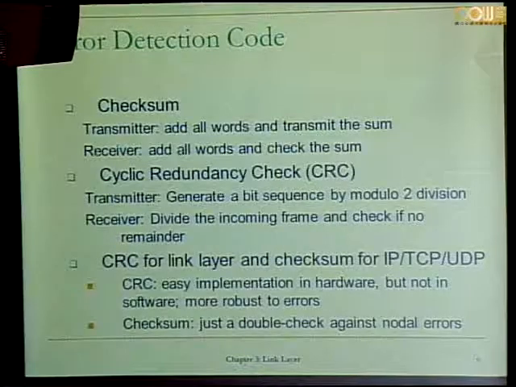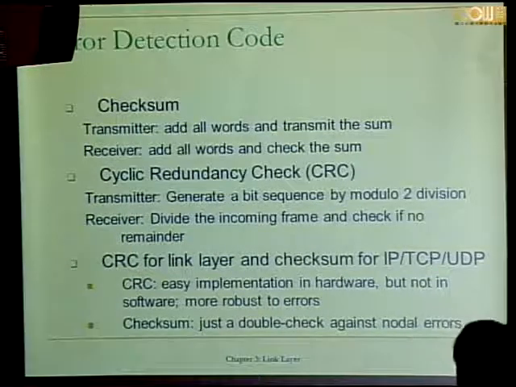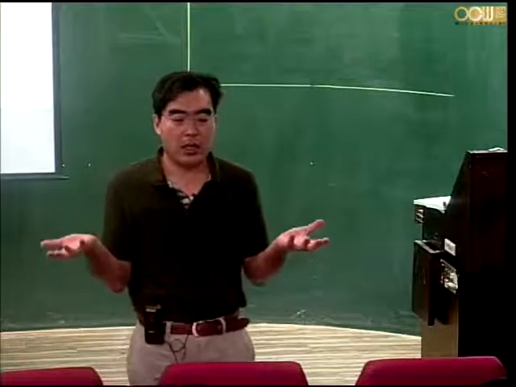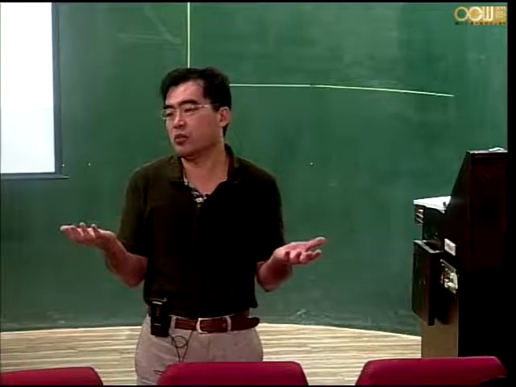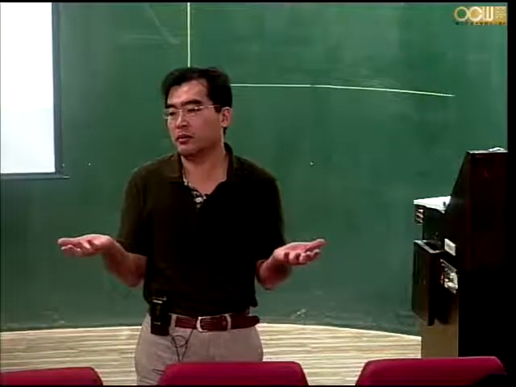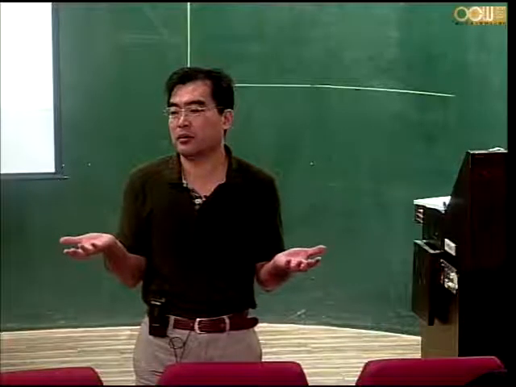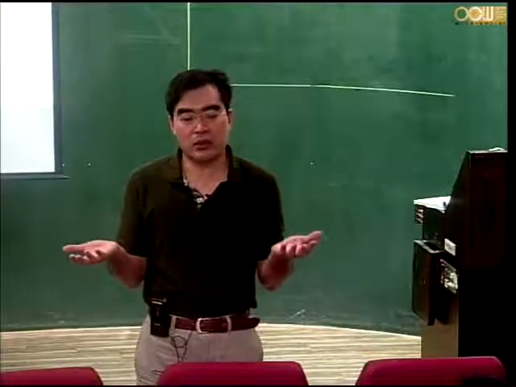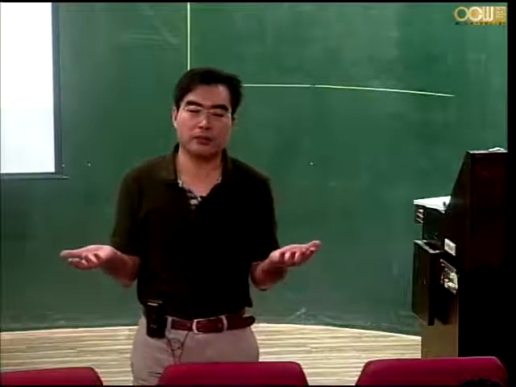So you have two choices, checksum and CRC. Further study shows that CRC is more robust to error. It can detect multiple bit errors. However, checksum can only detect a single bit error.